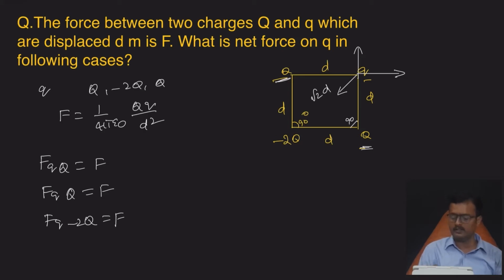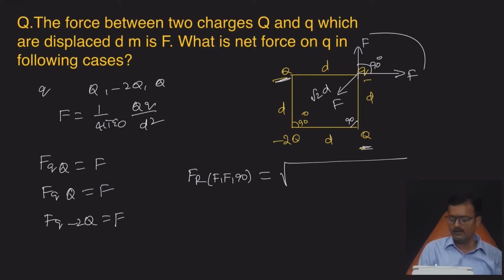Here three vectors are acting on the Q. What is the magnitude of these vectors? F, F, F. Select these two vectors, which make an angle of 90 degrees. So what is the resultant force? The resultant of force F and F making an angle of 90 degrees is square root of P square plus Q square plus 2PQ cos 90.